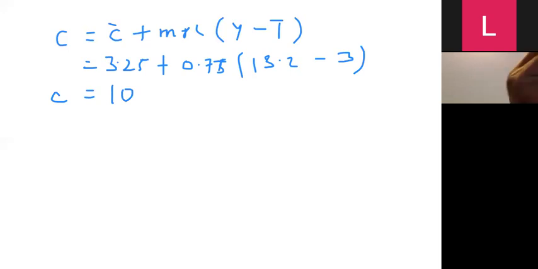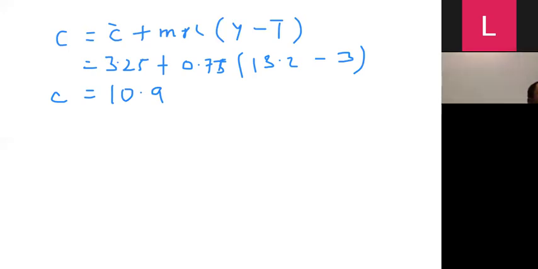Great. So when you compare that to the previous case, consumption was 12.1, and it has now reduced to 10.9. Now the next one we're looking at is planned investment. So let's look at the investment.